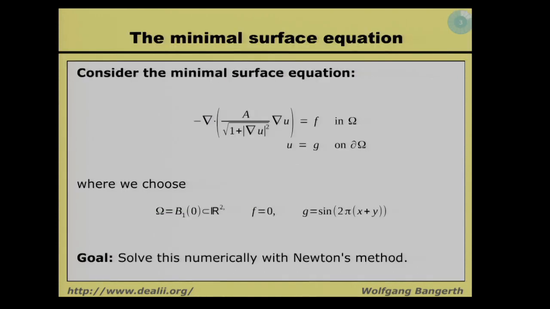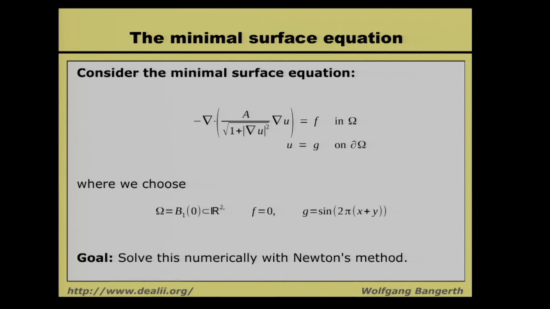So just to recap, we want to solve the minimal surface equation, which is written like this: minus divergence of a coefficient, 1 over square root of 1 plus gradient u squared, times the gradient of u, equals f, and then we certainly have boundary conditions.